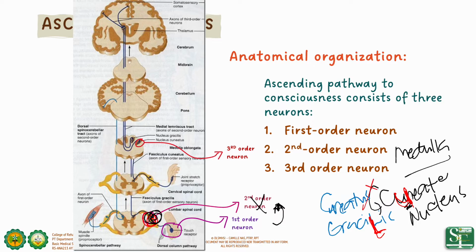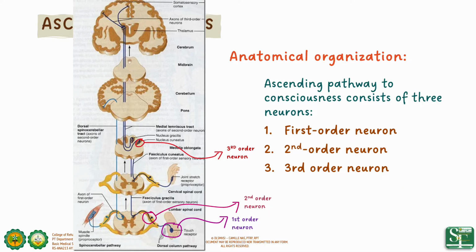So, dalawang yan, magsa-synapse yung fiber na nanggaling sa dorsal root ganglion. Okay, so the first order neuron is the DRG. Second order neuron is either the nucleus cuneatus or nucleus gracilis, which are located in the medulla. Again ha, medulla, hindi sa gray matter ng spinal cord. Okay, so medulla to.